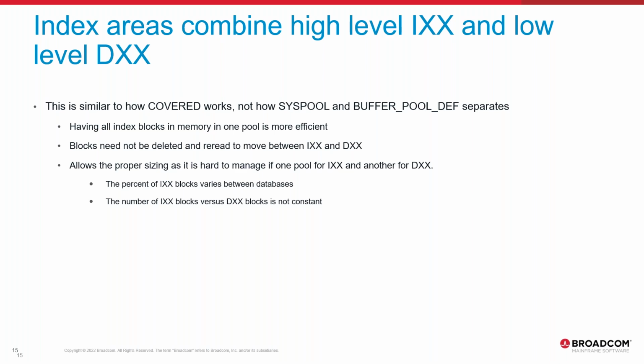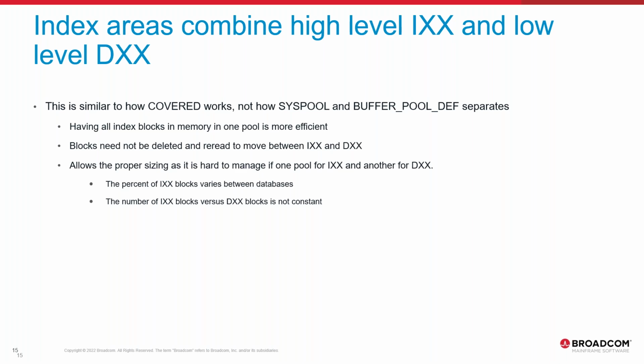We did something different. The SYSPOOL and the buffer pool definition for the index have separated IXX and DXX. That's very traditional. It's very ancient, and clients have gotten used to that. Whether it's a good thing or a bad thing, it's very common, and people tend to think that way.